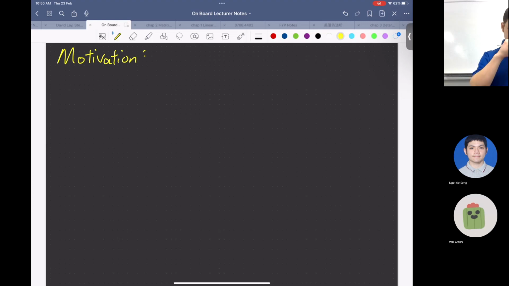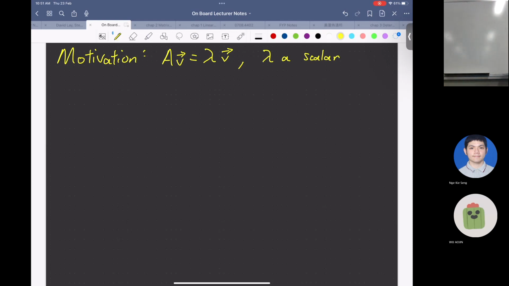So the motivation is Av equals lambda v, where lambda is a scalar. So if you have the v, what is lambda v? You multiply your v with a scalar, so you scale the vector.